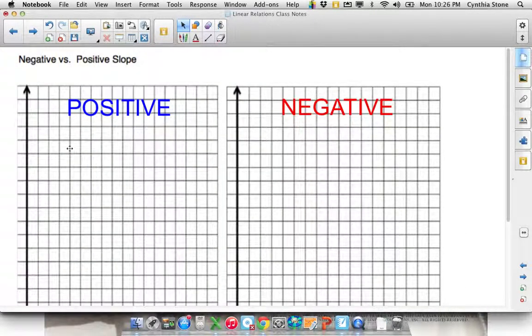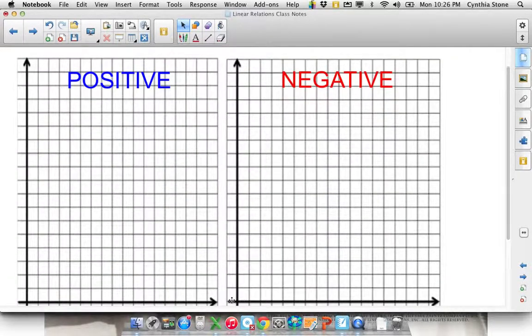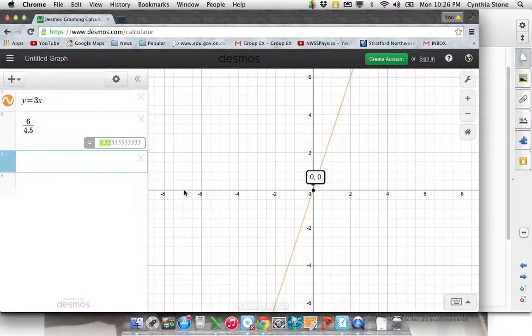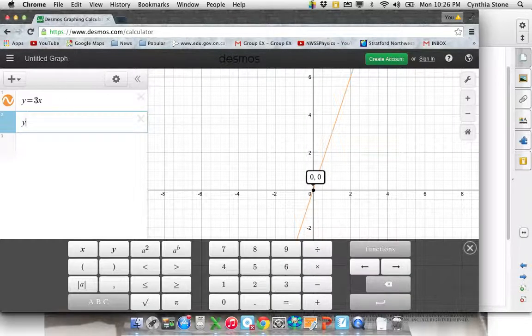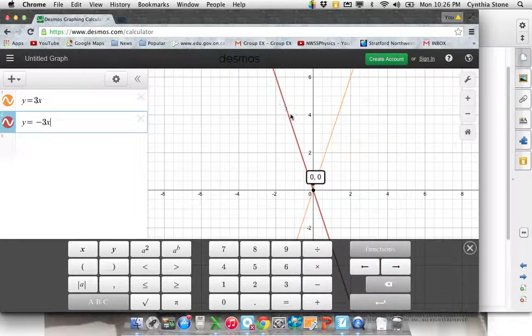So just a quick thing on a positive and negative slope, and we saw that in the Desmos. I'm going to jump over, okay? So to remind you, I'm just going to get rid of this. There's y equals 3x. If I did y equals negative 3x, it would look like this. So what I want you to remember, and this is what we're going to write on the note, we're just going to draw a line that looks like this for a negative slope and looks like that for a positive slope.